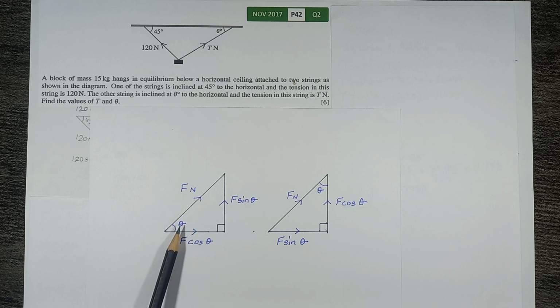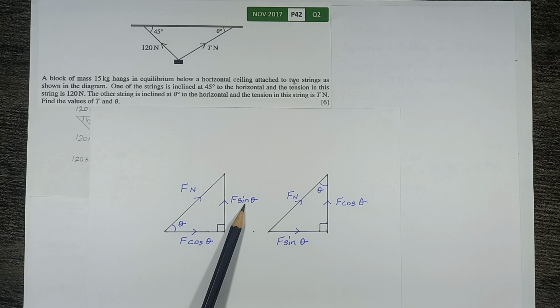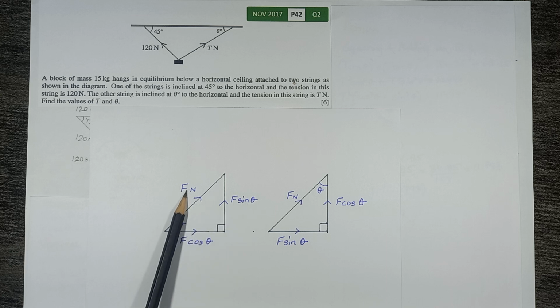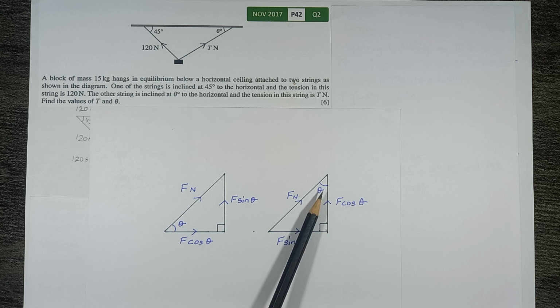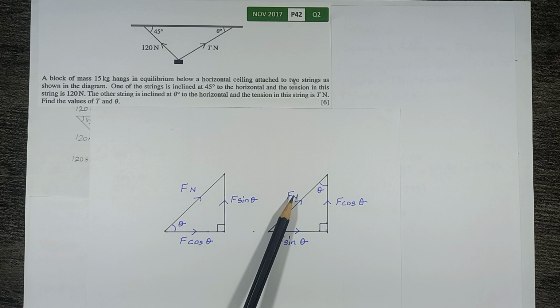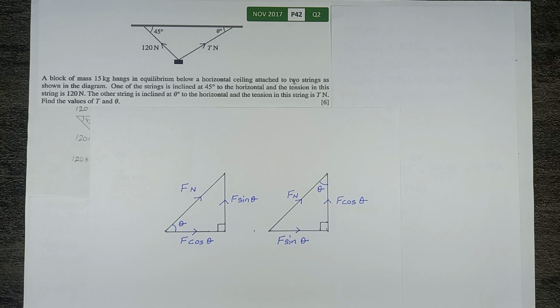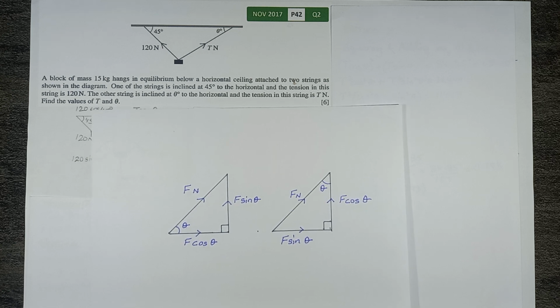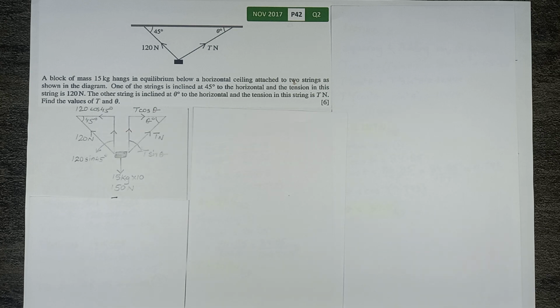If this is an angle theta which is given in the diagram, then the side next to that would be a cos component of that particular force, and the opposite would be a sine component. But if the angle given in the diagram is over here, then the side next to that would be a cos component, and the opposite would be a sine component of that particular force. So it depends upon where the angle is. Based on that, we will decide which one is the cos component and which one is the sine component.